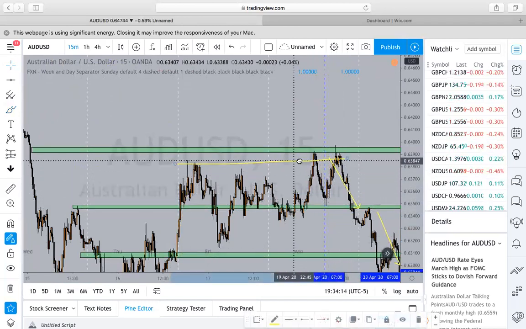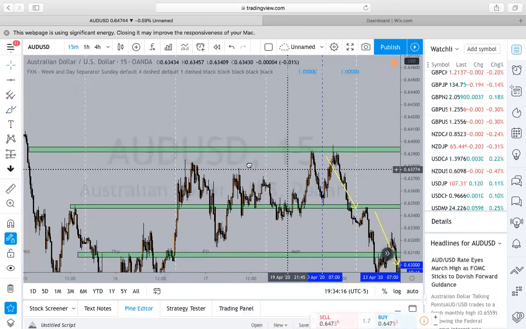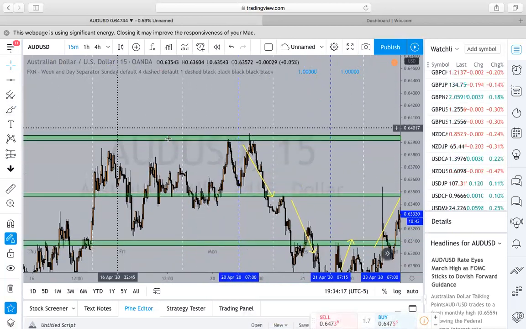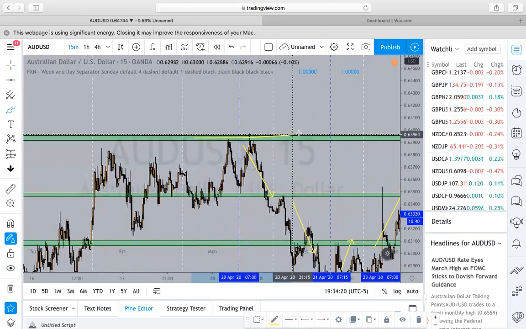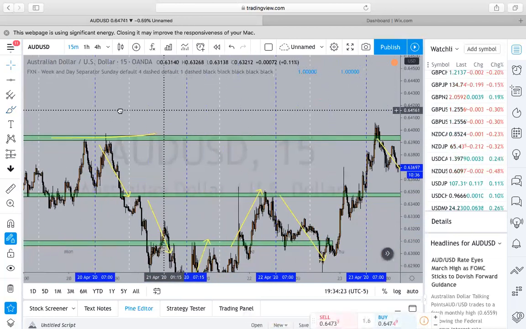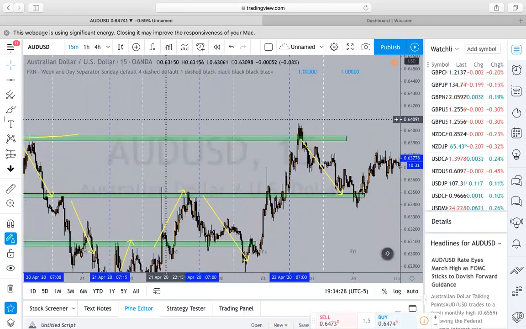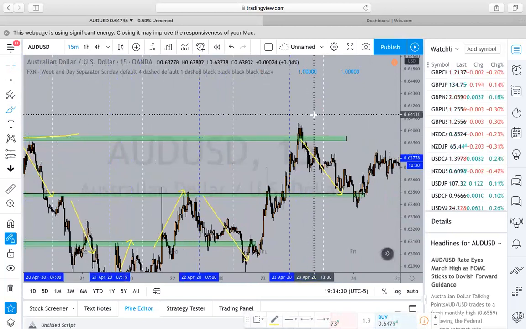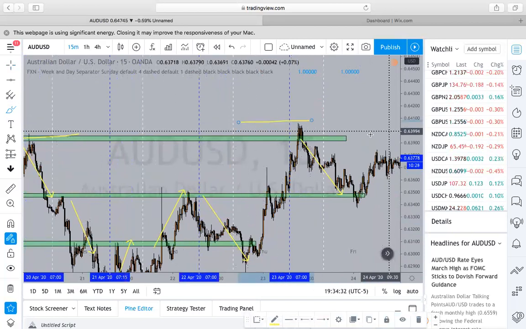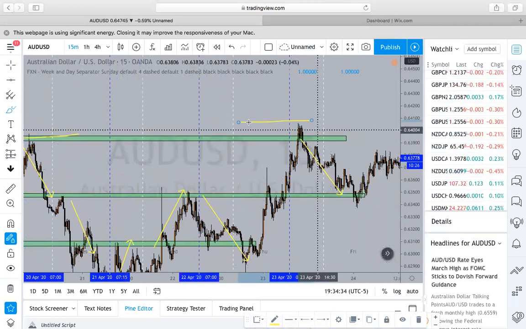So it stop hunted that high before reversing, made a new high for that week. Well, that was Friday, but you get what I'm saying. Monday, right here, made a new high. What did it do here? Stop hunt again, this high before reversing.